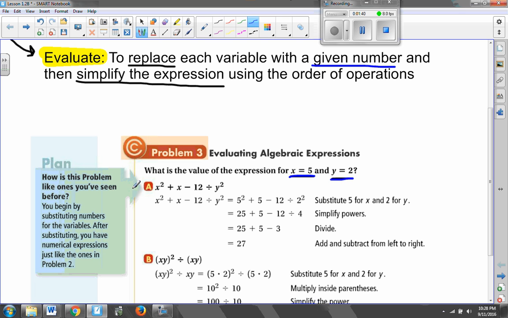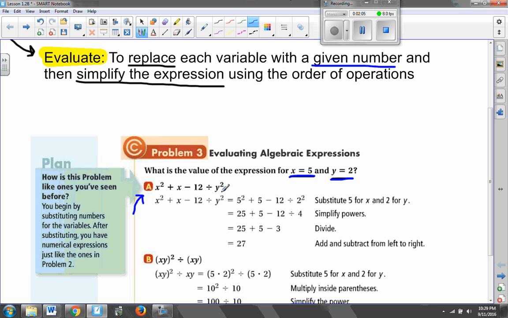And they give us this expression here in letter A, which looks kind of complicated right now, but I promise it becomes less complicated in just a second. It says x squared, which means x times x, plus x minus 12 divided by y squared. So we have obviously x's and y's involved in this expression.